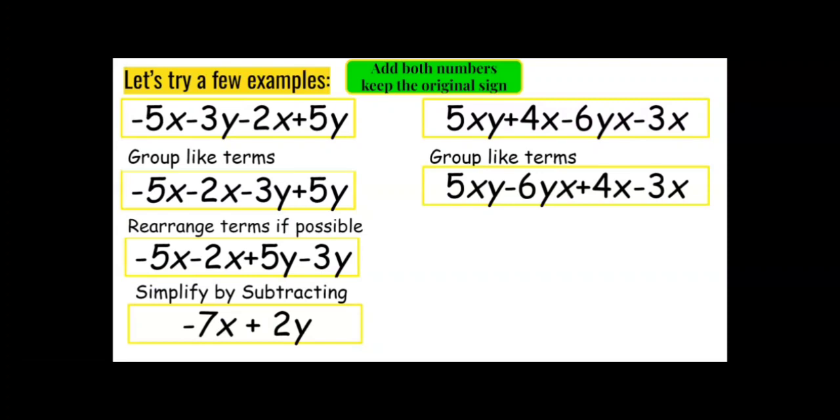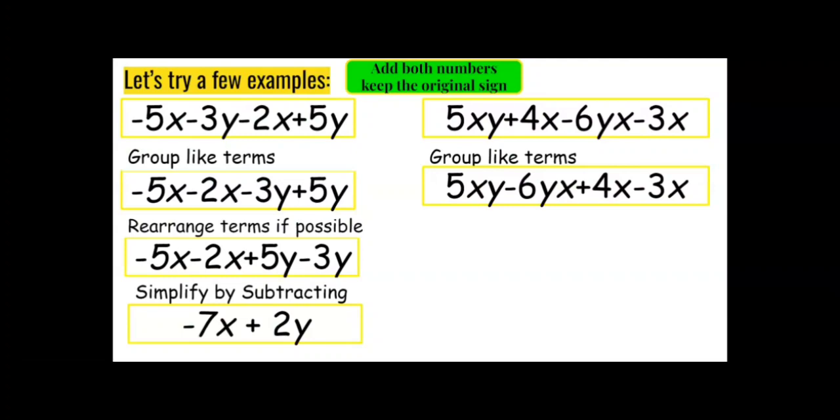So we have 5xy plus 4x minus 6yx minus 3x. If we group our like terms, all these terms have x variables. So how do we know what the like terms are? Obviously, the ones that only have x would be like terms.